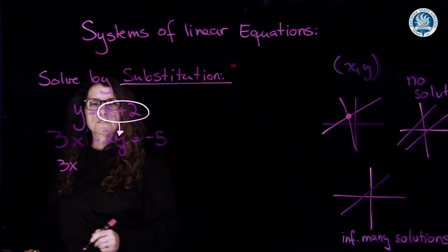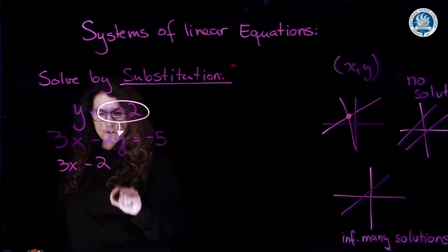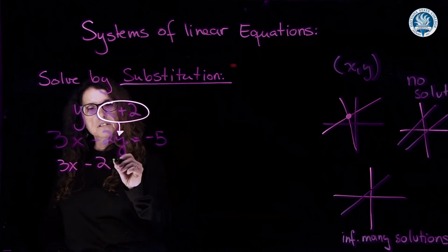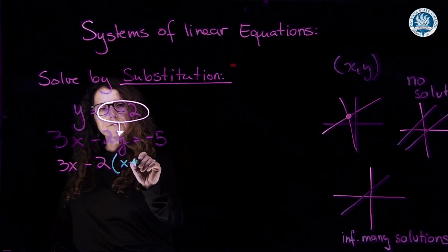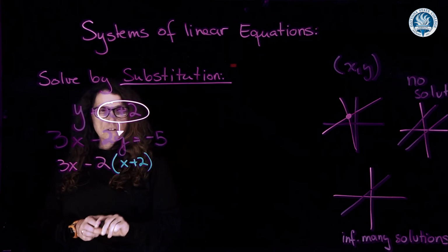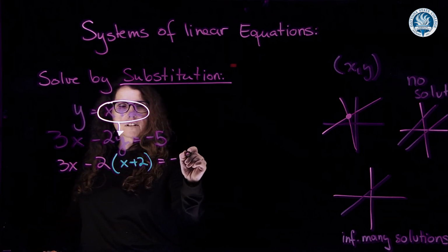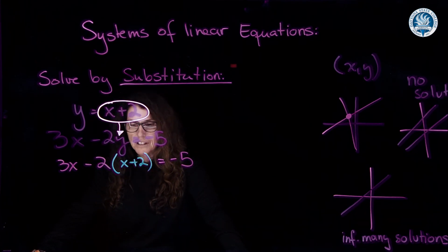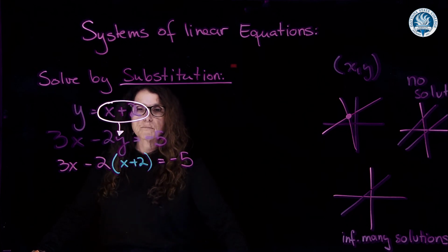3x stays the same, minus 2 times y. However, y is being substituted with what? x plus 2. And now finish up, equals negative 5. So this is our new equation, and you can clearly see it has only one variable.